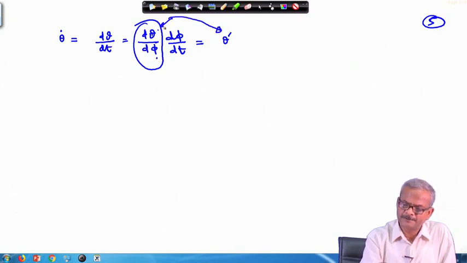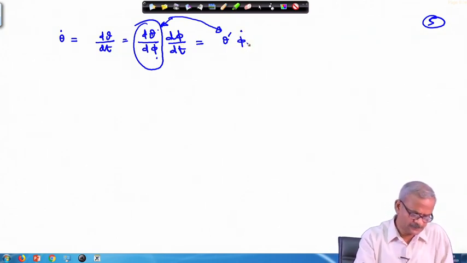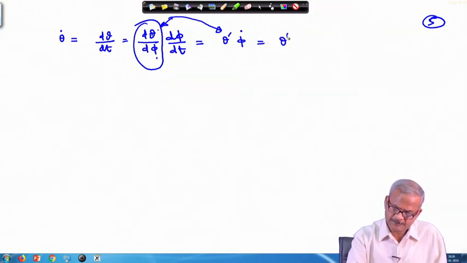And this part becomes phi dot. Obviously, this quantity is known to us. So, this is theta prime times h by r square.